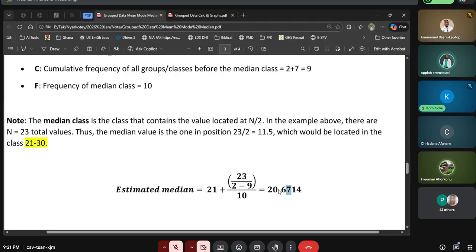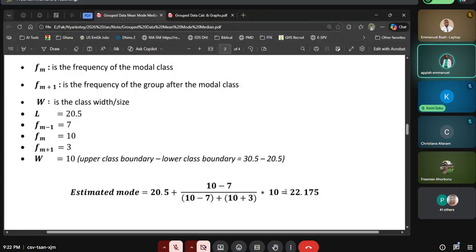So as you have already done it, take us through the steps. Okay, so the 20.5 plus, is it expanding, you work on the top one, that is the 10 minus 7 all over, then bracket 10 minus 7 again plus 10 plus 3, then times 10.